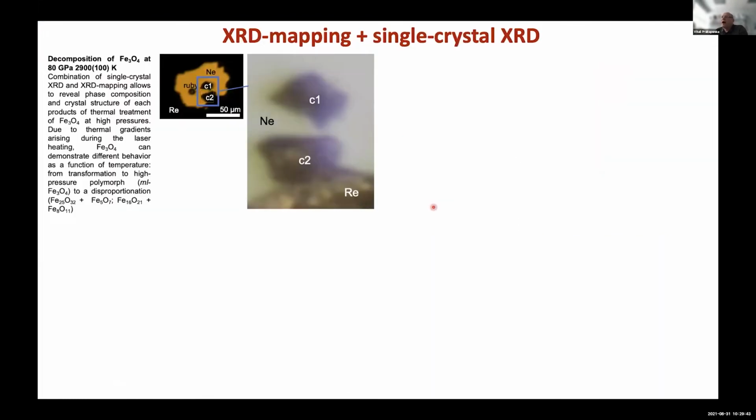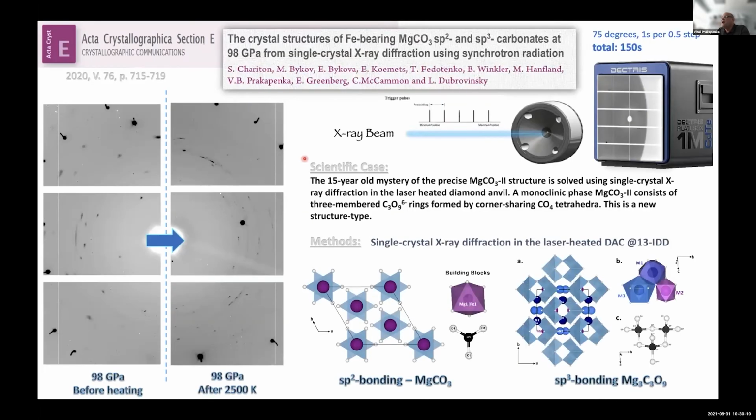Even more, when we have a significant change in composition, what can we do? Elena Bykova was able to study iron oxide at high pressure, that particular one at 80 GPa, and you can see two samples. And here is a zoom of them. They're quite small, only about 10, 20 micron in size.